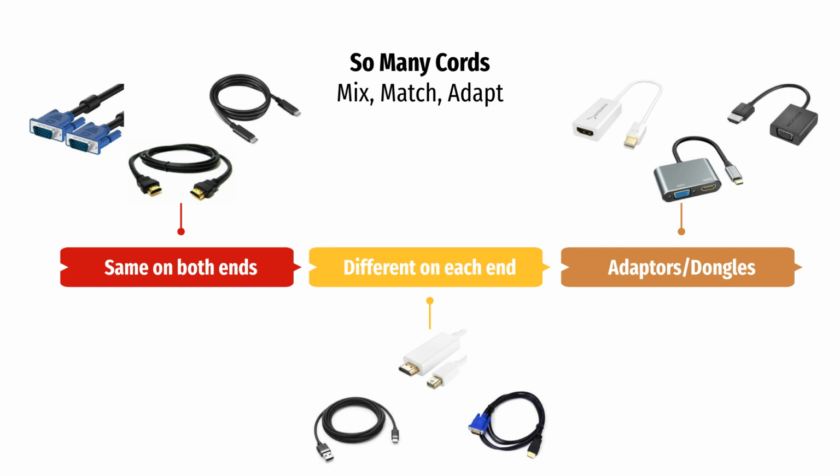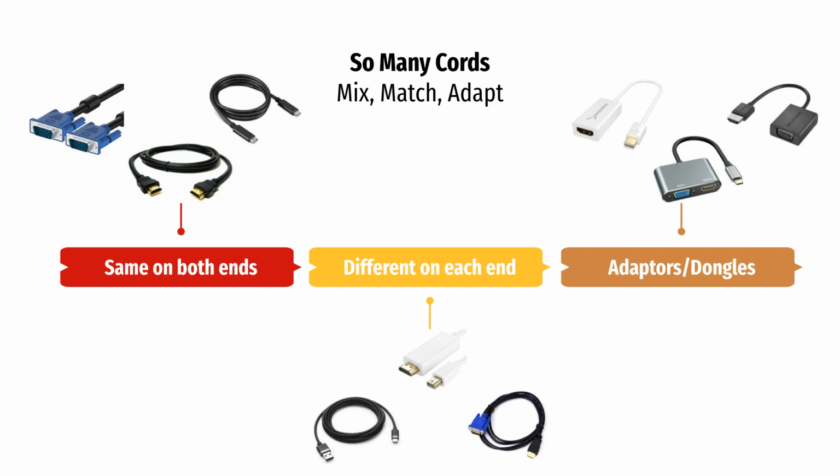So you'll see these are VGA to VGA, HDMI to HDMI, or USB-C to USB-C. We'd name those by saying what it is to what it is. So HDMI to HDMI names that cord, and it's something you can look up if you're looking to purchase or examine or figure out if you have the right cords.